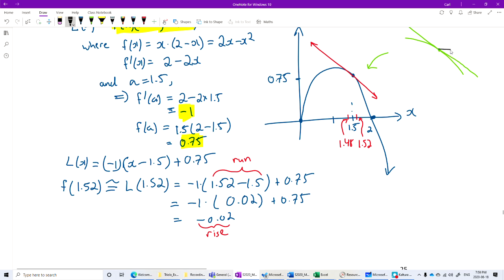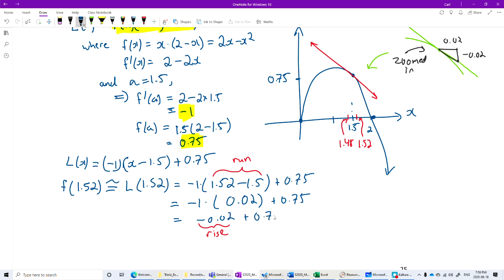I'm moving over here by 0.02, and I'm going down by negative 0.02, which gives me the slope of negative 1, which is what it should be. So that's the zoomed in picture here. I don't know, which way should the arrow go? Okay, now I can finish this.